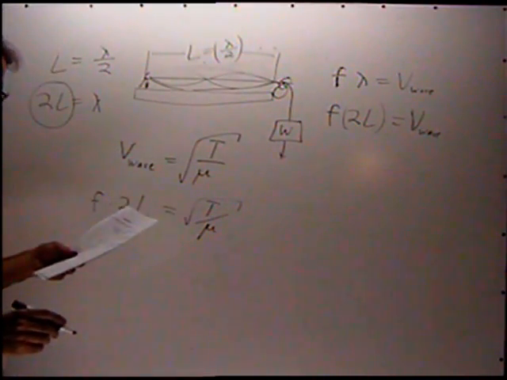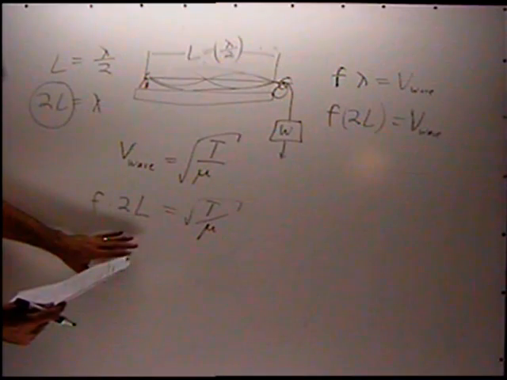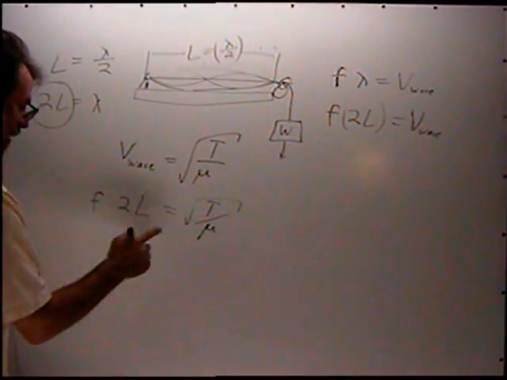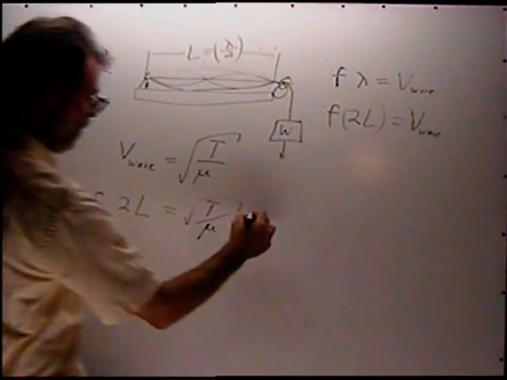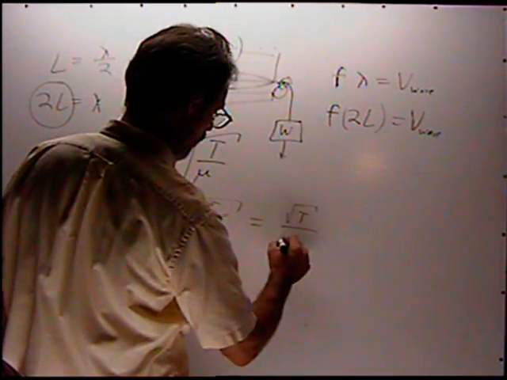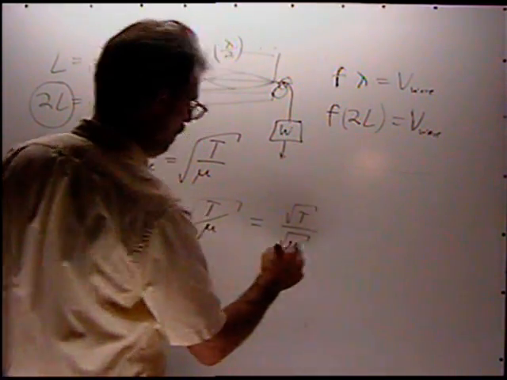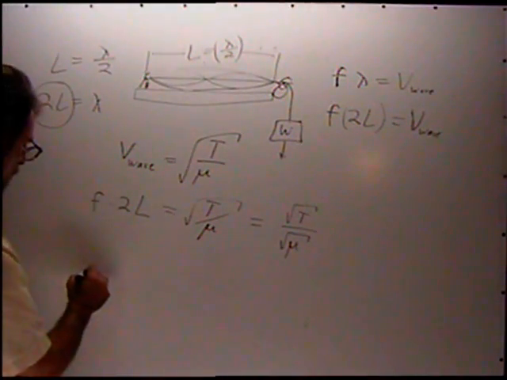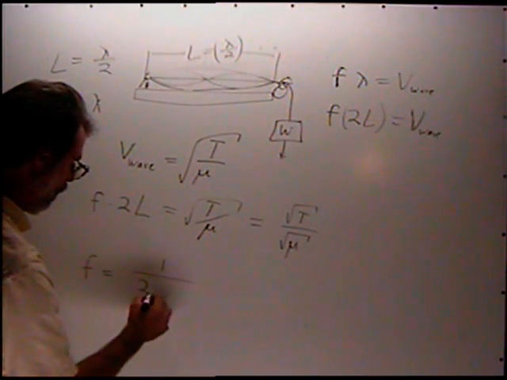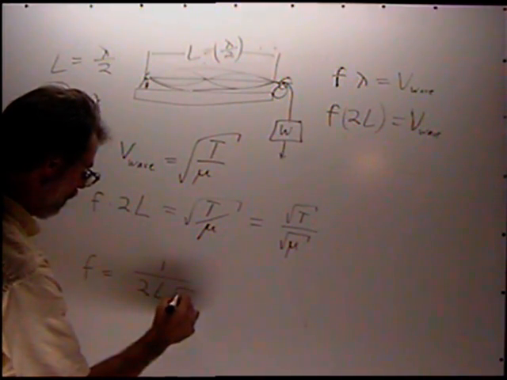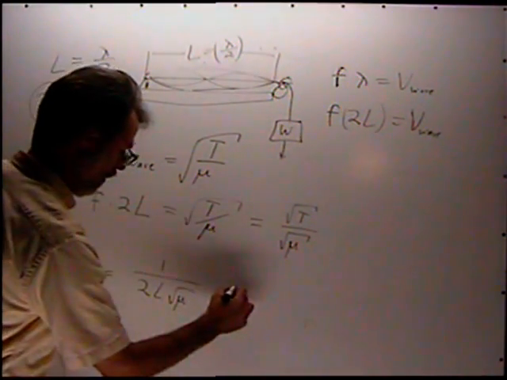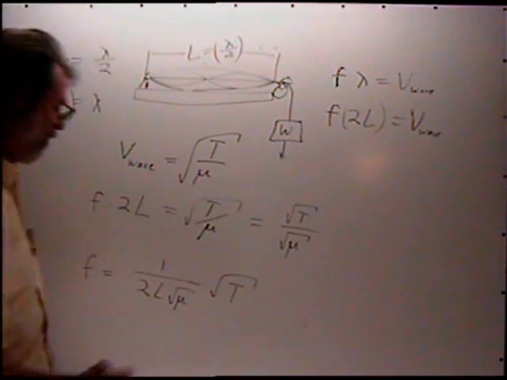Now I'm going to solve for F. I'm going to divide by 2L, and break this up: the square root of T divided by the square root of this mu constant. So F equals 1 over 2L, square root of this constant, times the square root of tension.